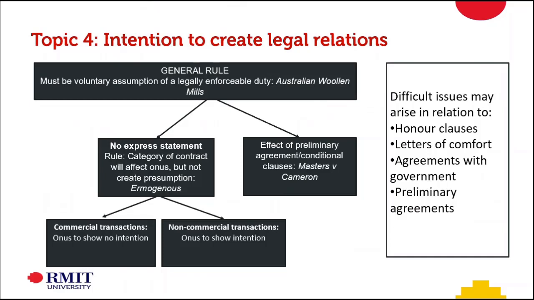So the category of contract, whether it's a social and domestic relationship or a commercial relationship, doesn't get us very far anymore. It really just goes to the onus of who needs to prove what. If it's a commercial arrangement and a party is seeking to say this was in honour only, then that is the party who has the onus of demonstrating that there was no intention.